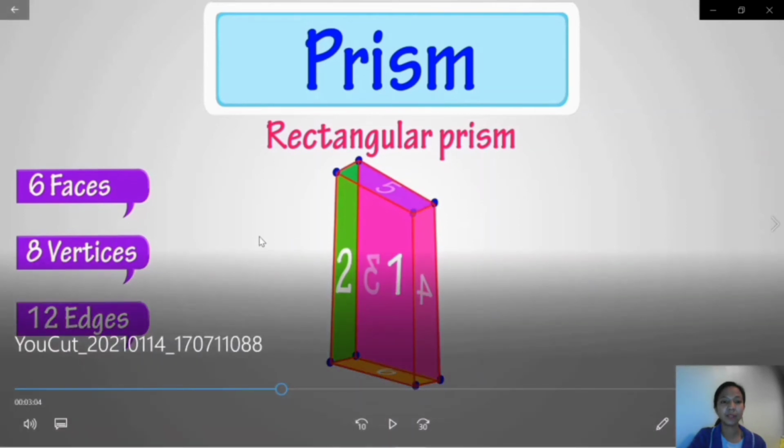Okay? 6 faces, so 1, 2, 3, 4, 5, and then 6. 8 vertices, 8 points or corners, so 1, 2, 3, 4, 5, 6, 7, 8. And then it has 12 edges, the straight lines. 1, 2, 3, 4, 5, 6, 7, 8, 9, 10, 11, 12.